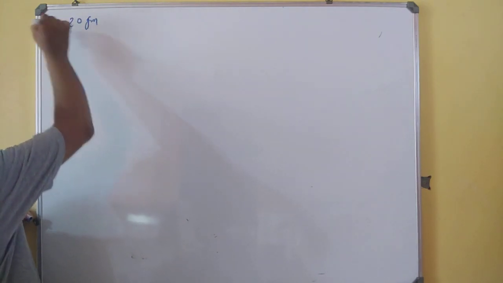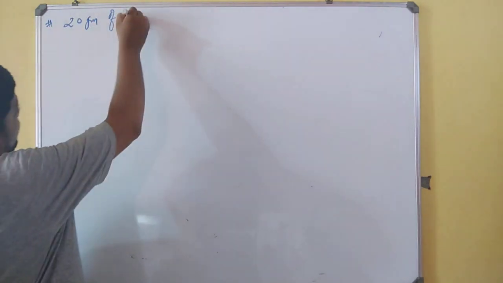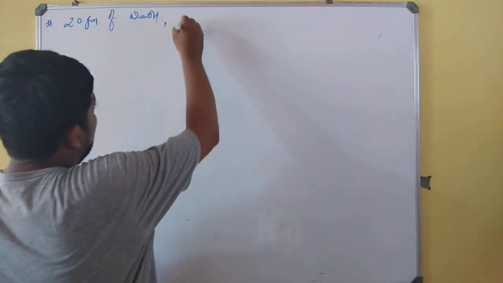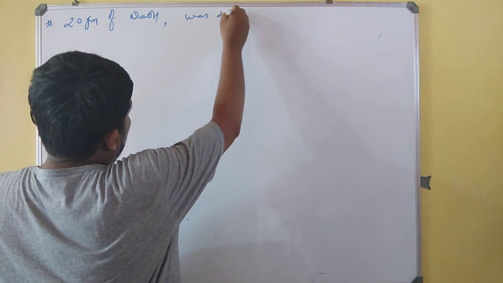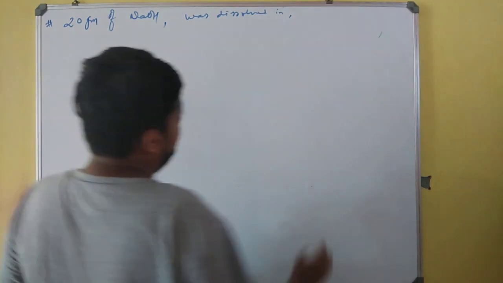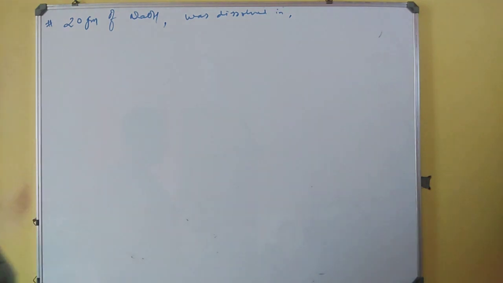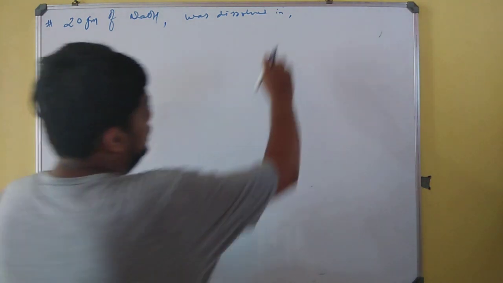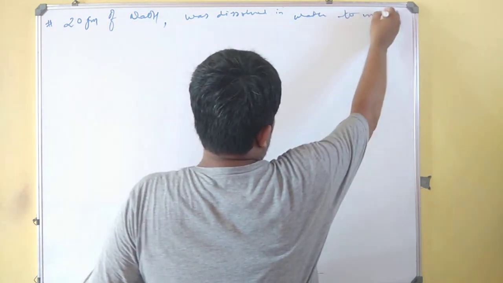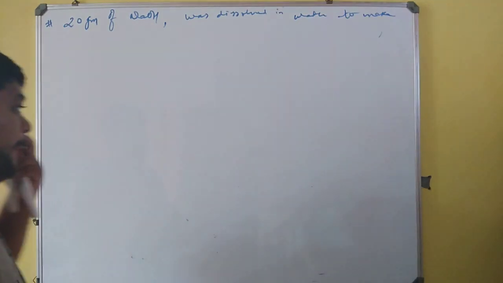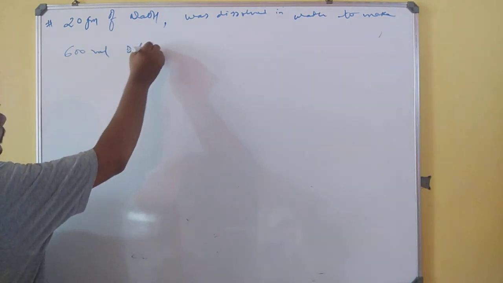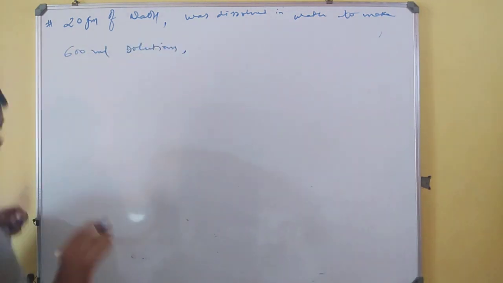20 gram of NaOH was dissolved in water to make 600 ml solution.